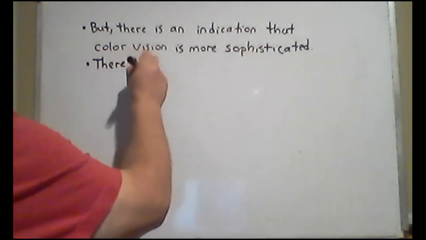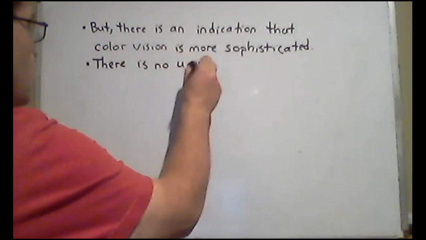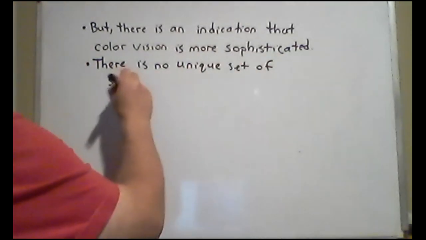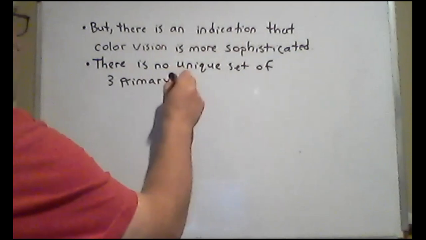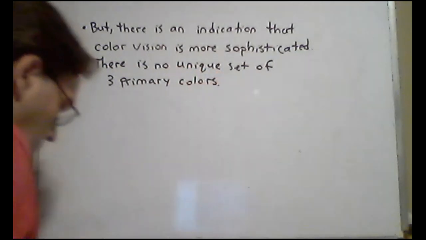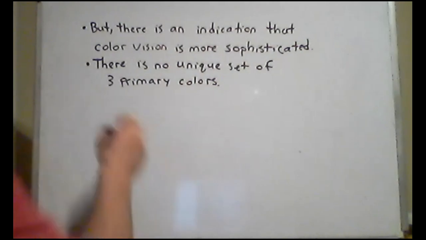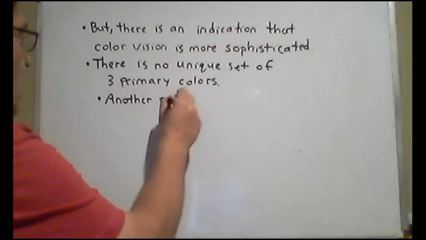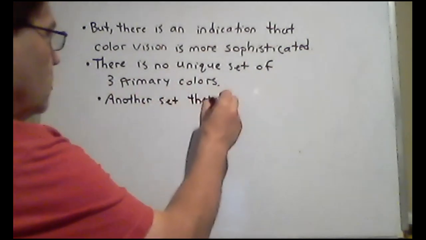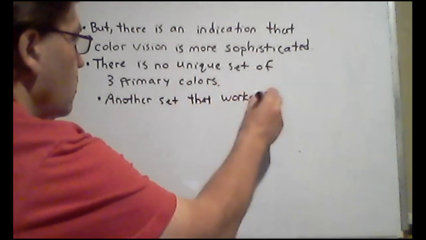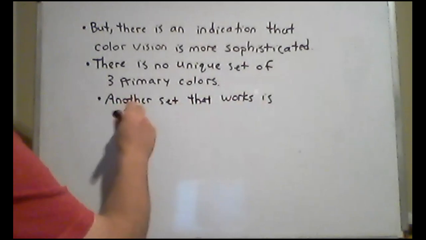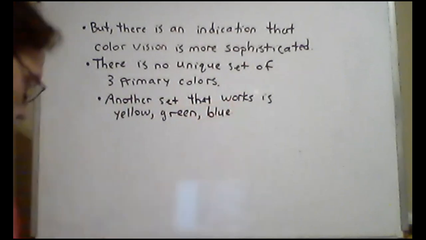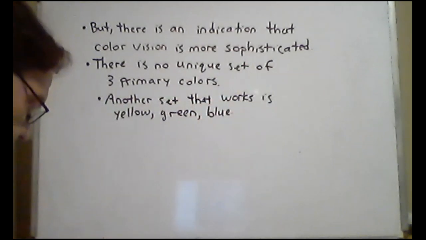That's a surprise. There is no unique set of 3 primary colors for the eye. Another set that works is yellow, green, and blue. So there are different sets of primary colors.